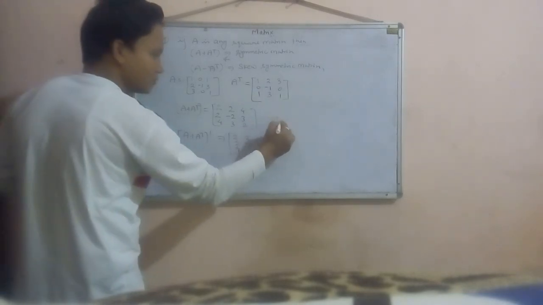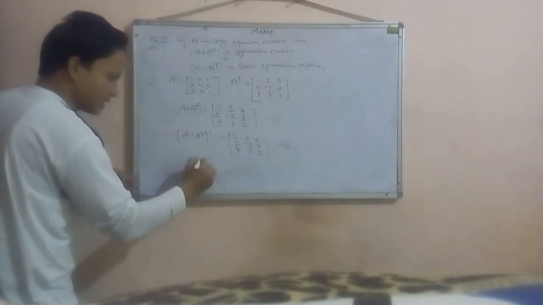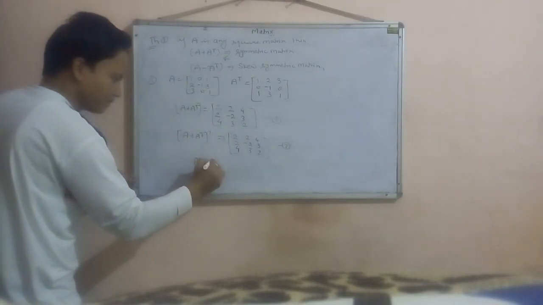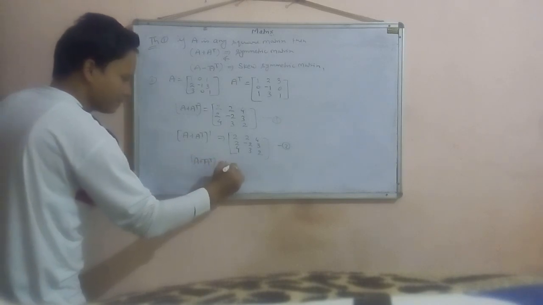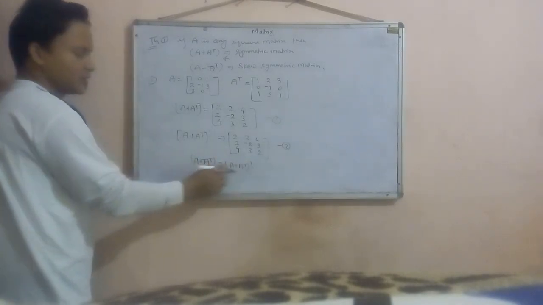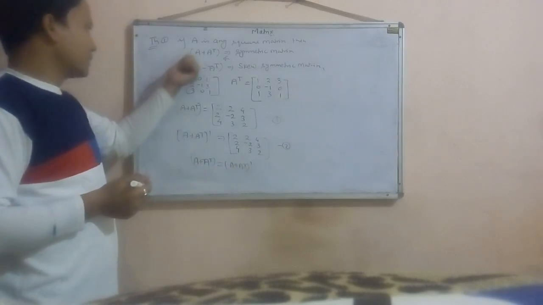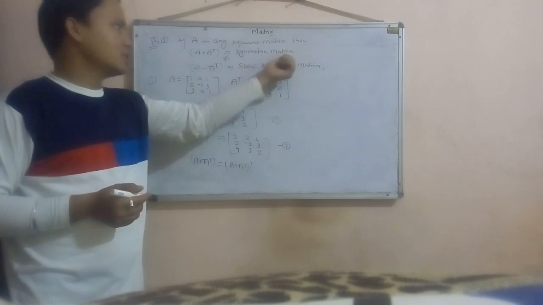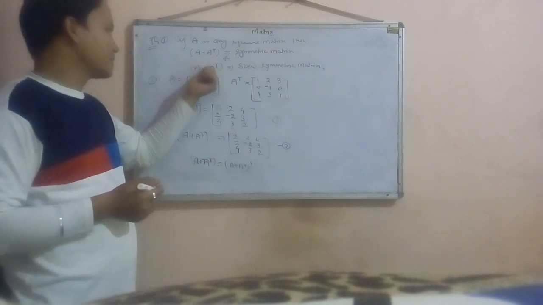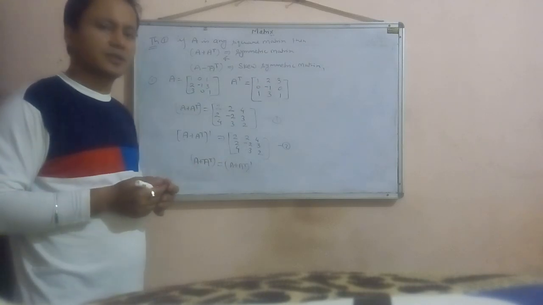On comparing these two, we can easily see that A plus A transpose is equal to A plus A transpose whole transpose. So this indicates that A plus A transpose is always a symmetric matrix, and similarly we can show that A minus A transpose is a skew symmetric matrix. Okay students.